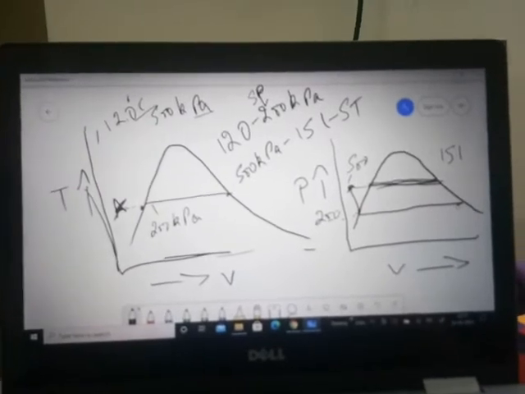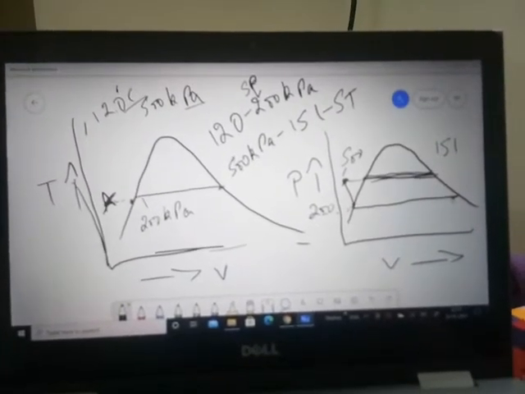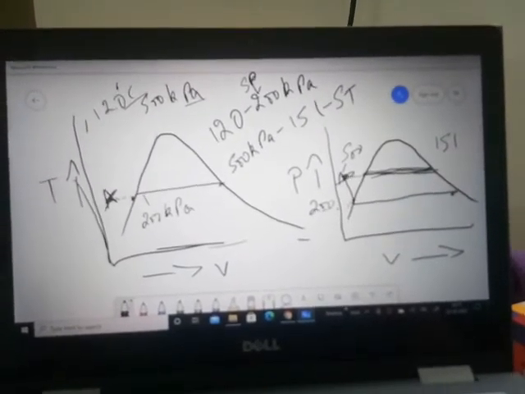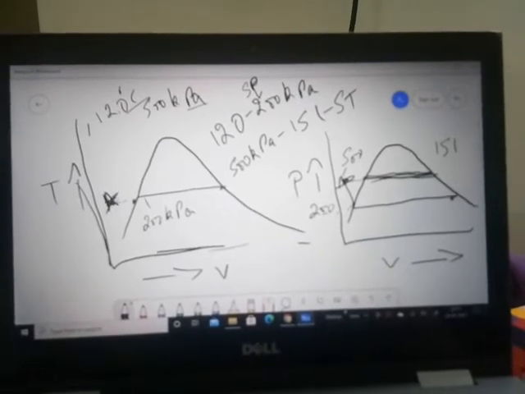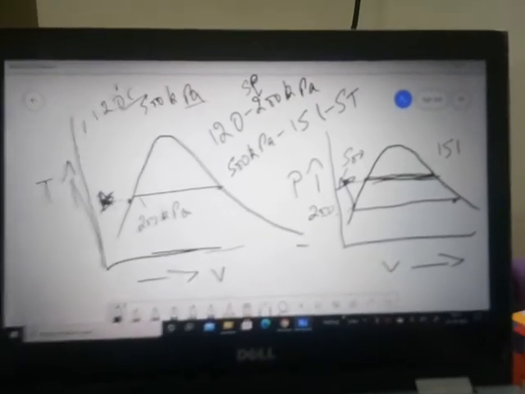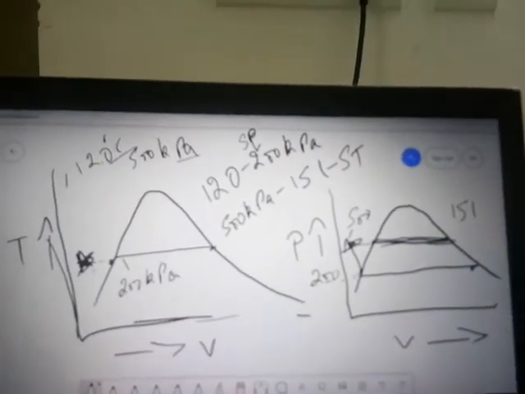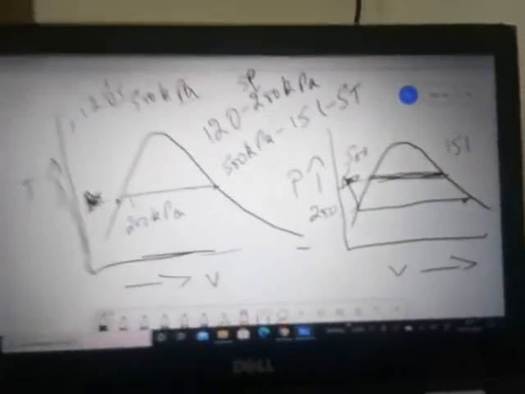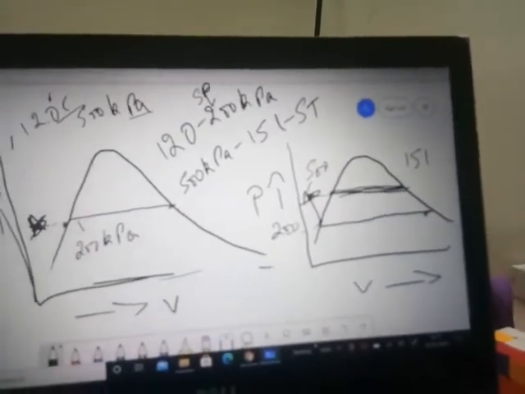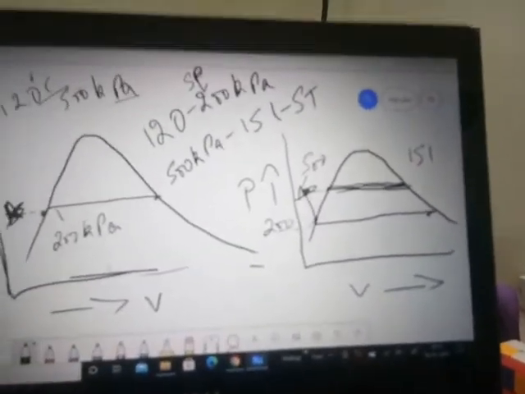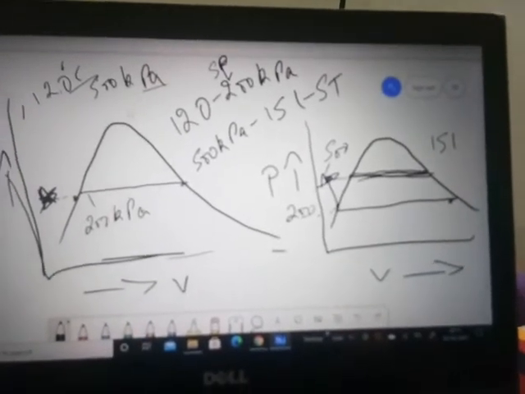If somebody further asks, after you have identified this position and this position, how do you transition the liquid into a vapor? If you want to show it in temperature, you have to say that I am at 120 degrees and at 500 kilopascal.